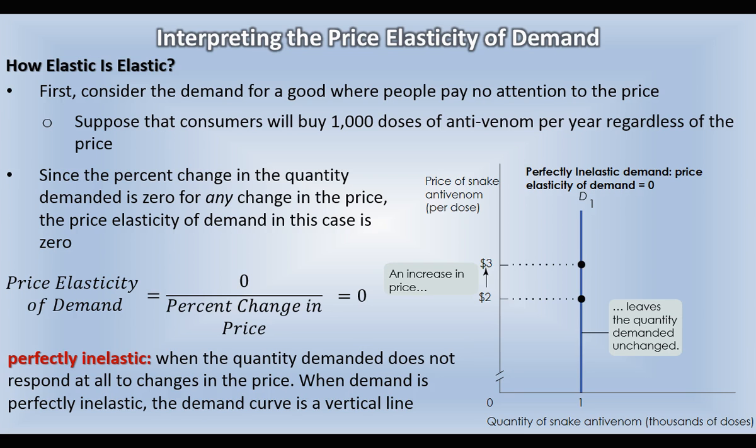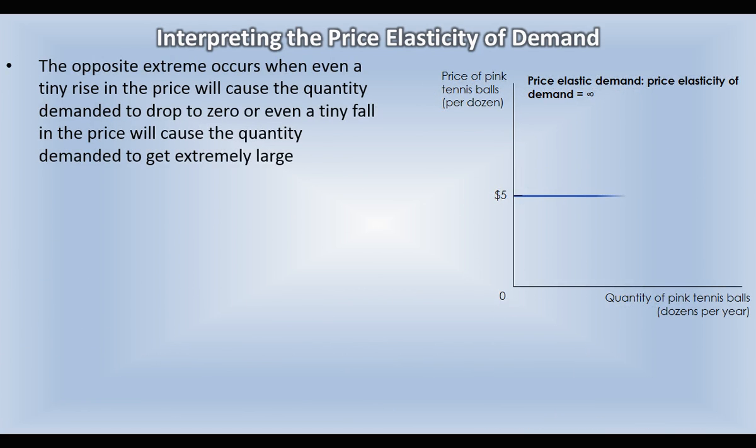So that's the extreme end of how elastic demand can get. And obviously, there's got to be another extreme end where demand will be perfectly elastic, as sensitive as possible to changes in price. And so the opposite extreme occurs when even a tiny rise in the price will cause the quantity demanded to drop to zero, or even a tiny fall in the price will cause the quantity demanded to get extremely large.